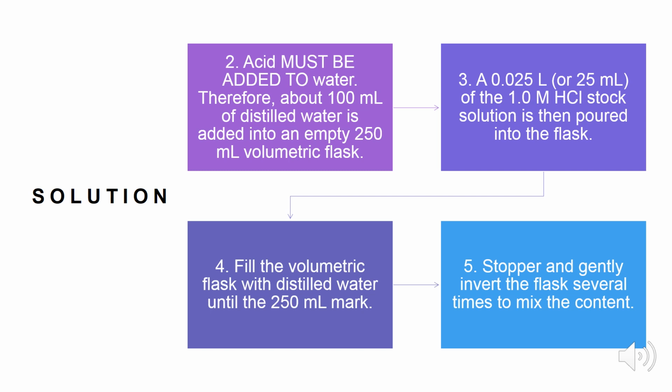And then add 25 ml of 1 molar HCl into the volumetric flask containing water, and then fill the flask with distilled water until it reaches the 250 ml mark. Then mix the content thoroughly by inverting the flask several times.